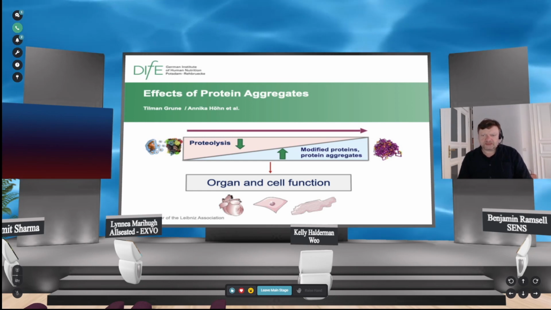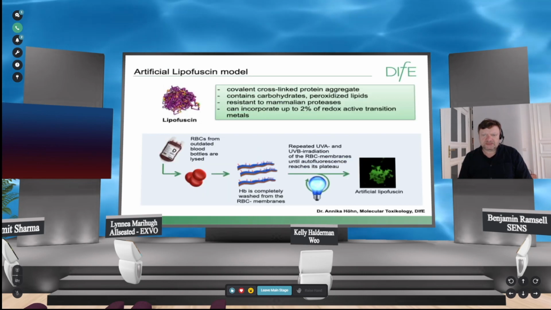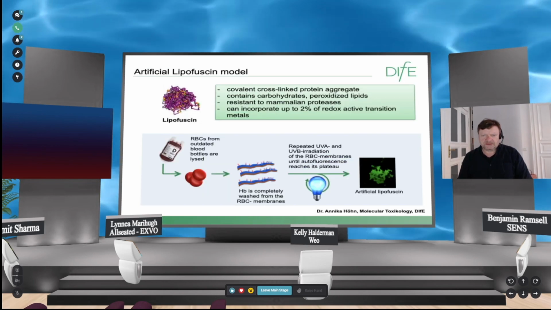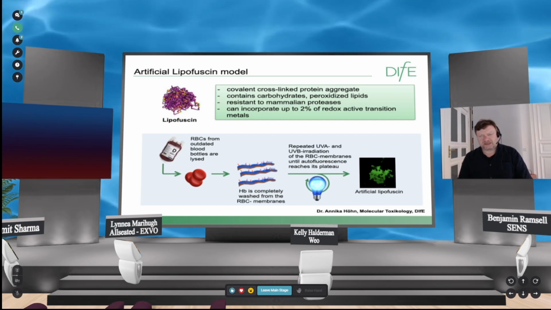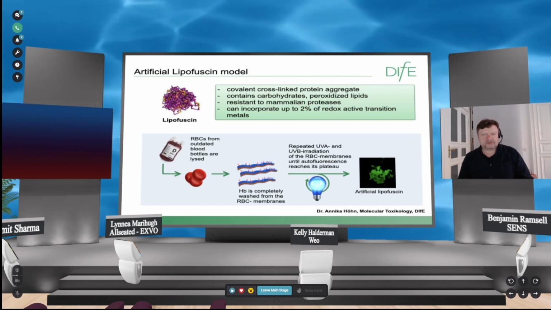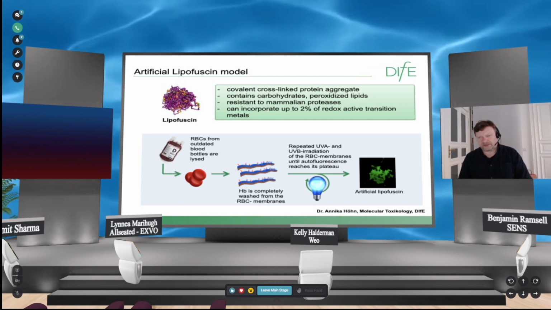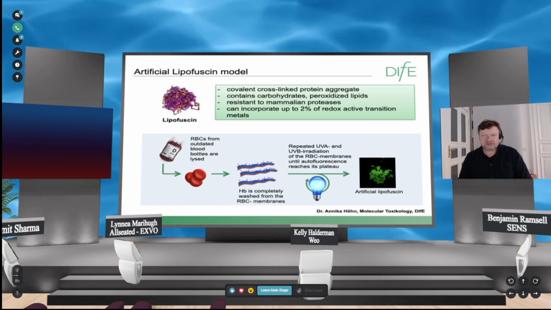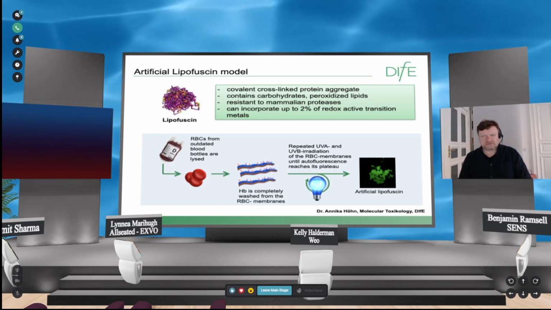So what we did, and that's what we started with, we produced so-called artificial lipofuscin. What you do, you take a membrane which is rich in proteins, like the erythrocyte membrane. Some people took mitochondrial membranes. You take this mixture of proteins and lipids and damage it heavily.